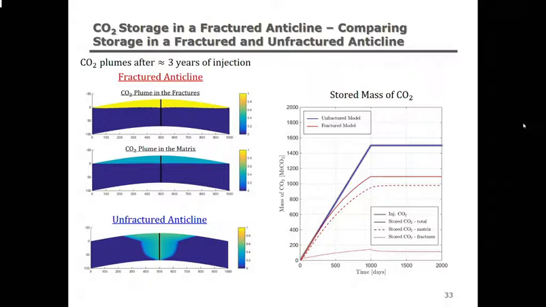In the fractured case, we can now look at the amount of CO2 in the system. That's our red curve, and we can see the amount of CO2 in our matrix, that's the dashed curve, and in our fracture system, that's the lower curve here. And we see that CO2 starts to migrate out of our fractured reservoir.